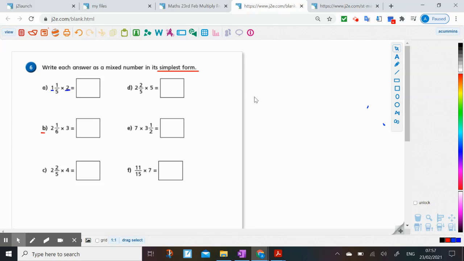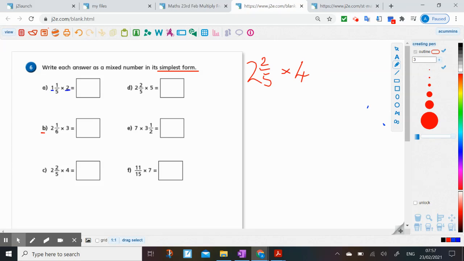So that's that one. So let's try C together now. And again, we're going to stick with our first option way to do this. So we've got 2 2/5. We're multiplying by 4.